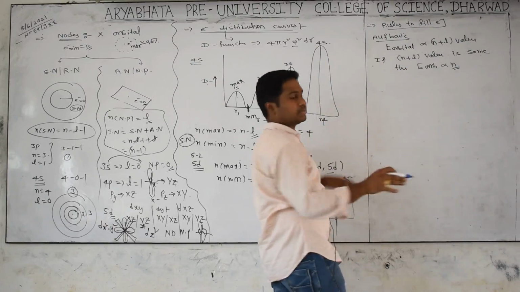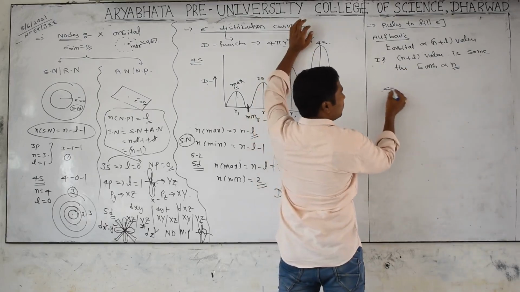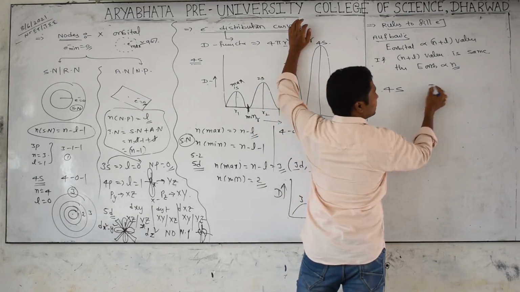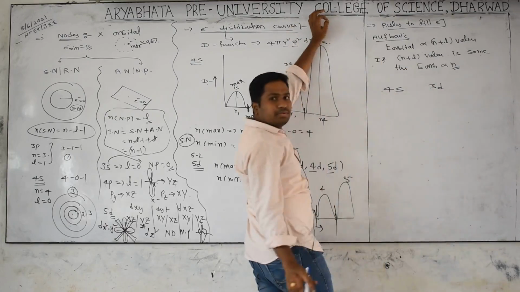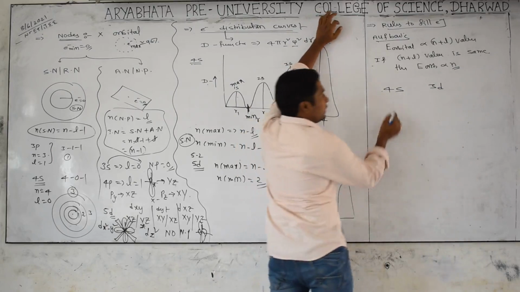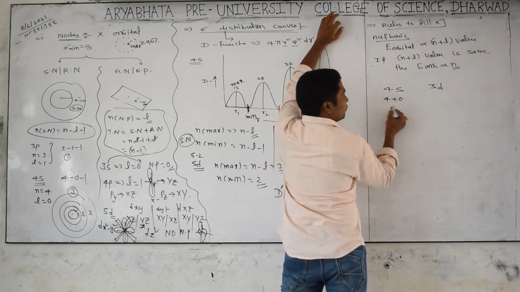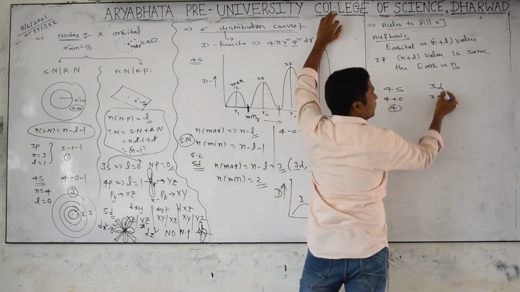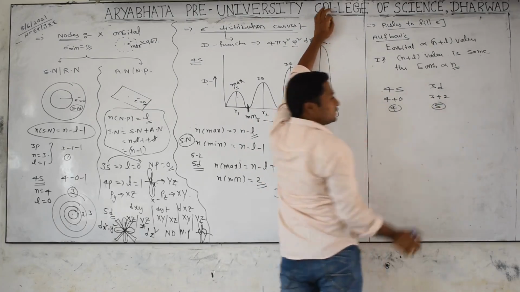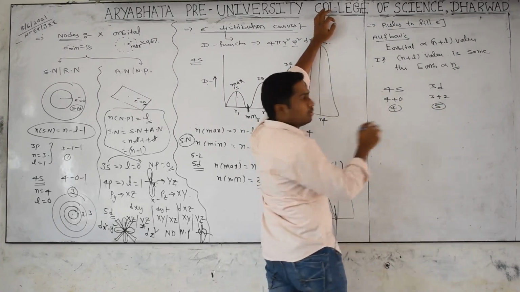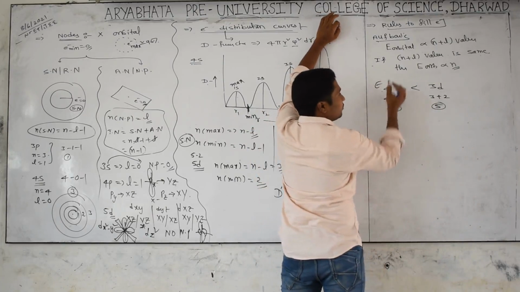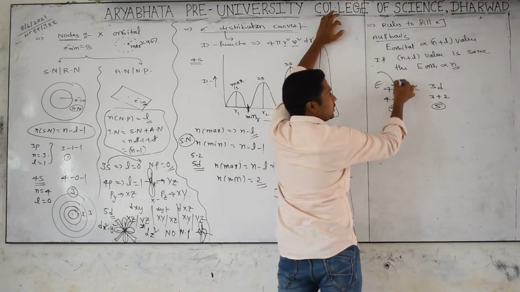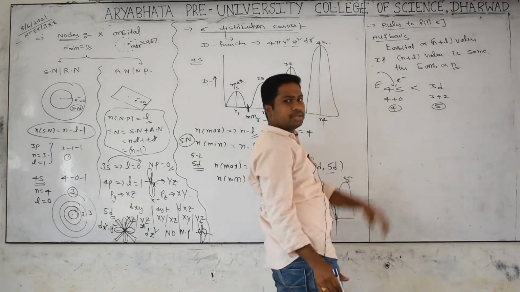I will tell you so many examples. For example, 4s and 3d, in which does the electron first enter? n plus L for 4s is 4 plus 0, 4. For 3d, 3 plus L value 2, 5. Which is lesser? n plus L value 4. That's why 4s has less energy, so the electron first enters into 4s, then into 3d.